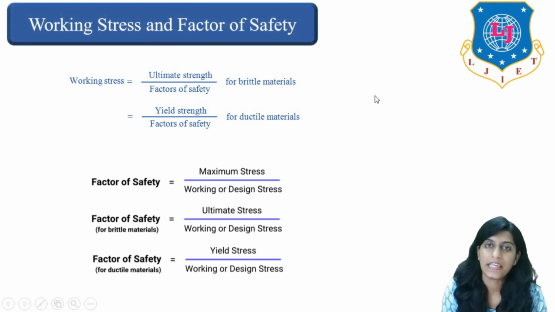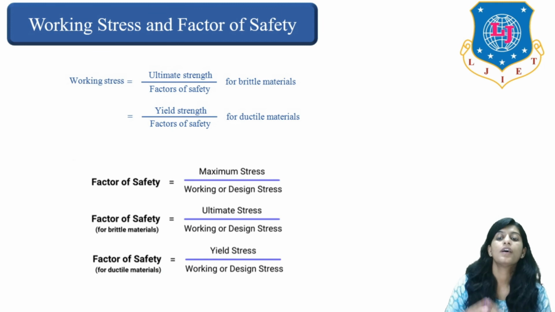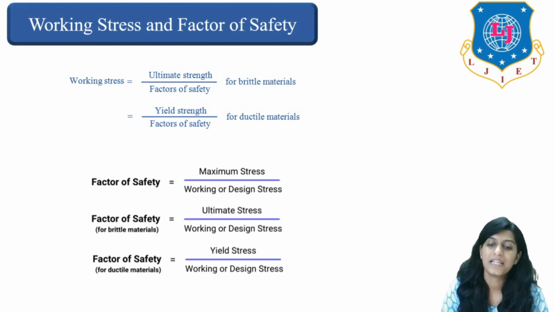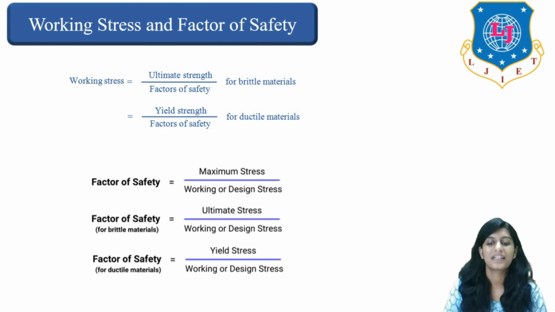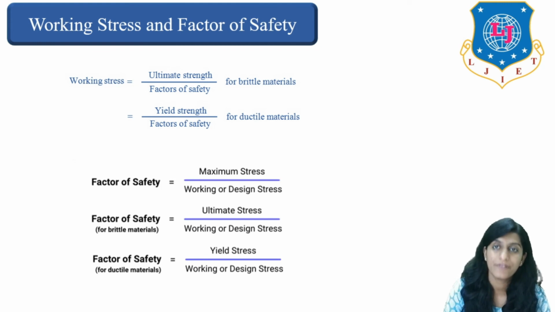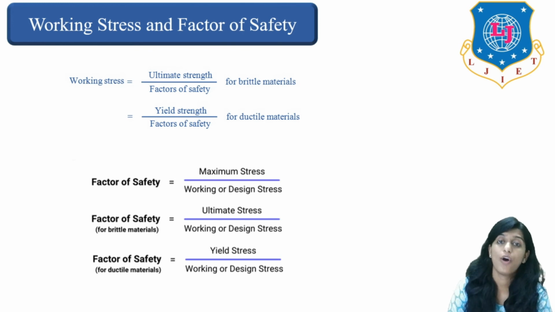Now let us see what we understand by the words working stress and factor of safety. Working stress is given by ultimate strength divided by factor of safety, and this formula is used for brittle materials. If we want to determine working stress for a ductile material, we must first determine the yield strength and then divide it by the factor of safety. So the first thing that comes to mind is how to determine the factor of safety.